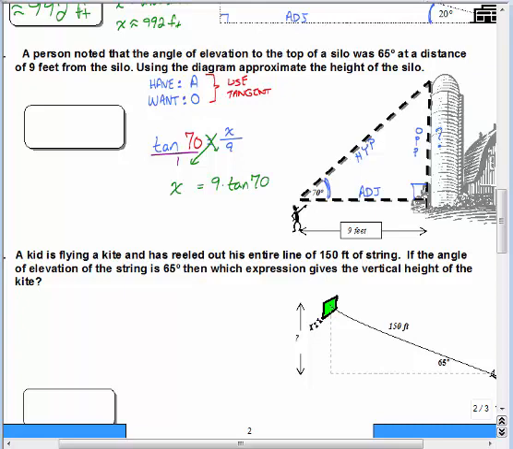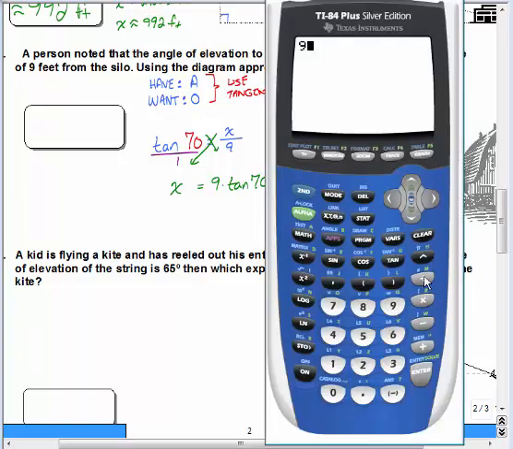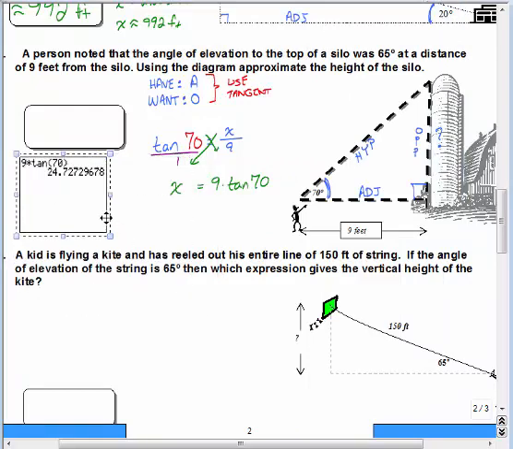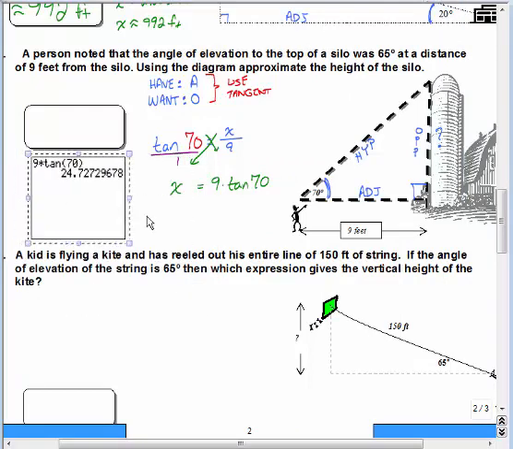And then just put that in the calculator. And so the silo is approximately 25 feet tall, which is probably about 2.5 stories. That sounds about right. So I'll round to the nearest foot, 25 feet.